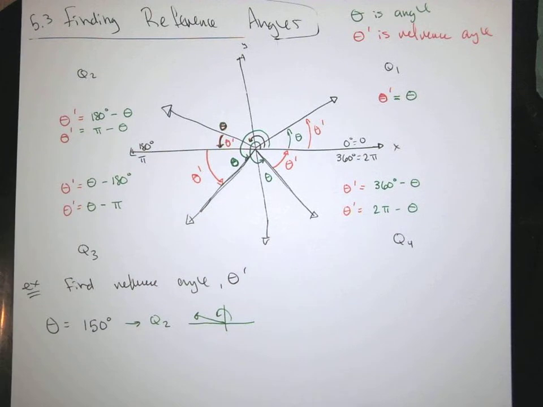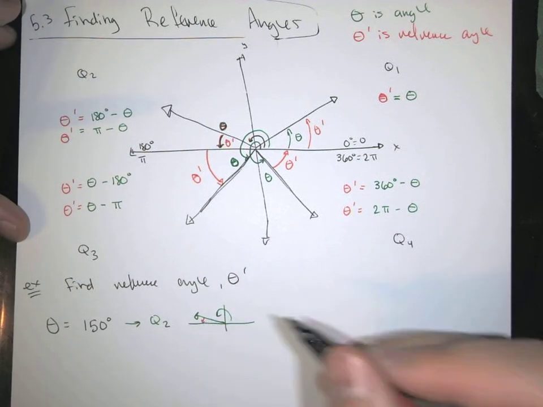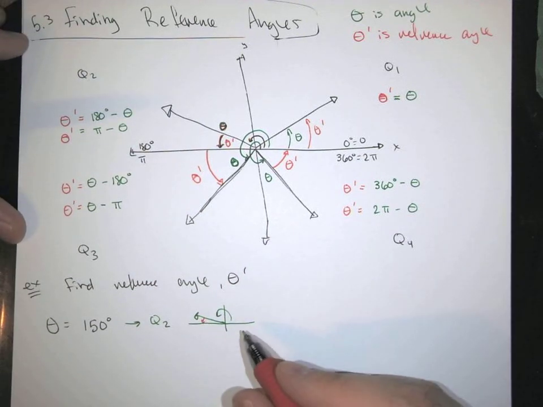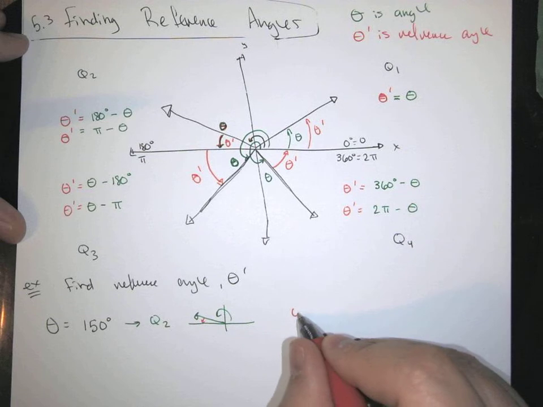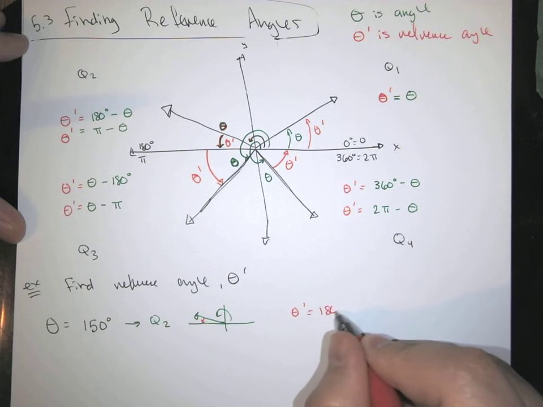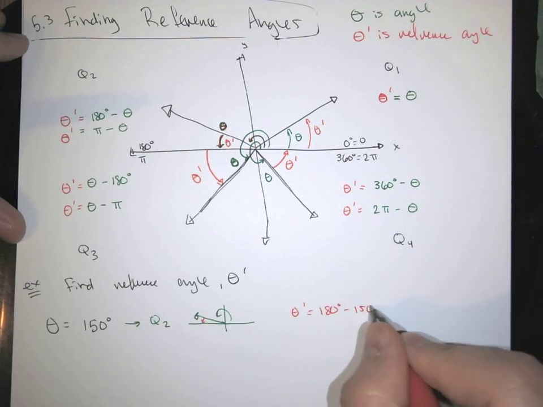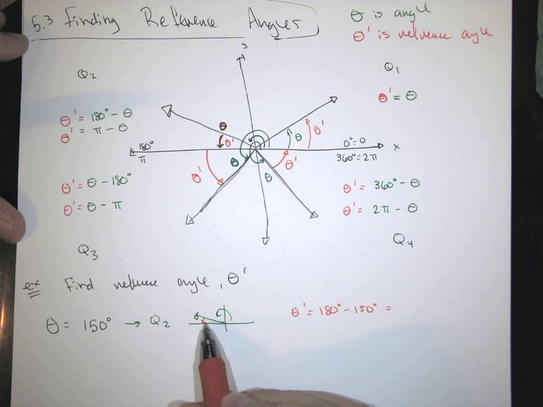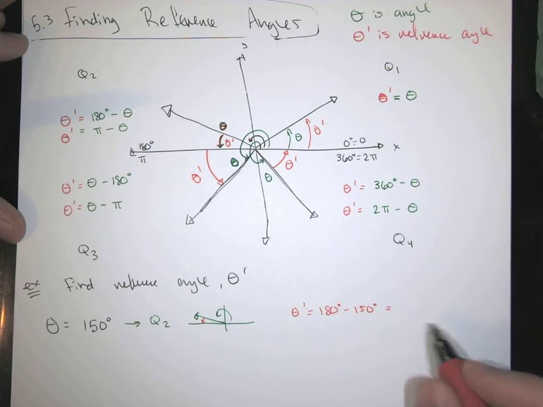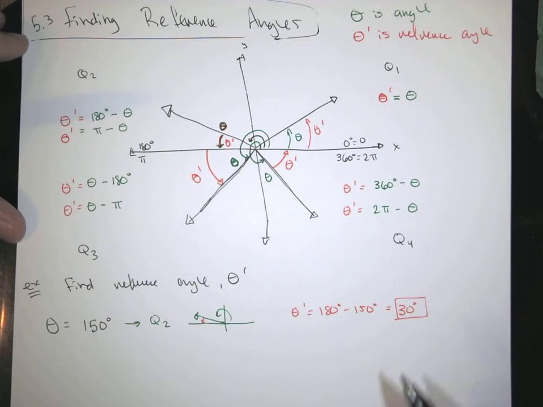So our reference angle is going to be that extra rotation to get from 150 up to 180. So theta prime is going to be 180 minus the 150. That difference, I probably should have tried to draw that a little bigger. So our theta prime, the reference angle, is 30 degrees. It's the amount of rotation we need to get from 150 to our 180.